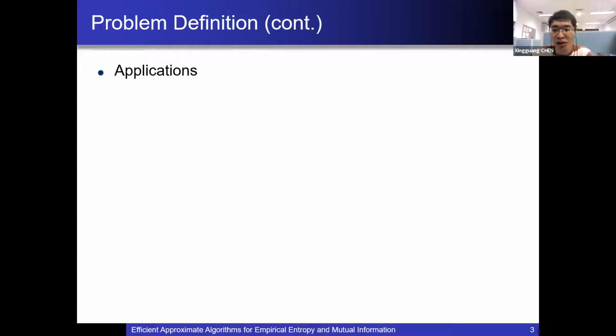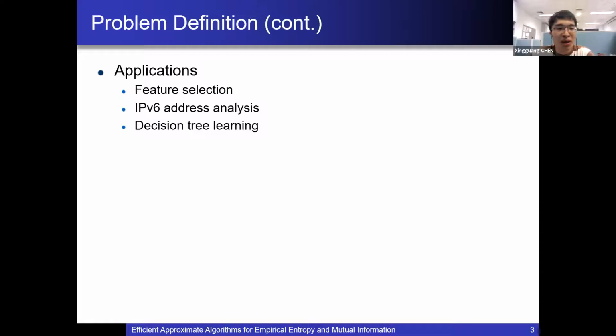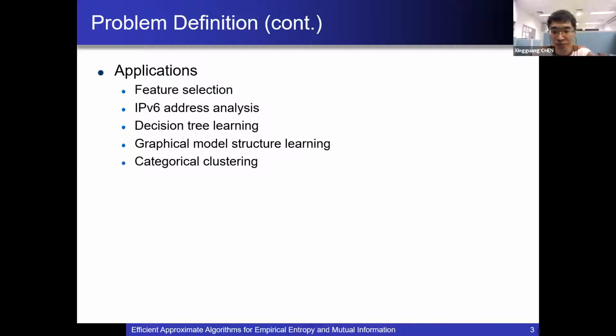In the literature, empirical entropy or mutual information is widely used in feature selection, hypothesis analysis, decision tree learning, graphical model structure learning, and categorical clustering. In this paper, we focus on 2 types of queries, the top K and filtering queries on empirical entropy and mutual information.